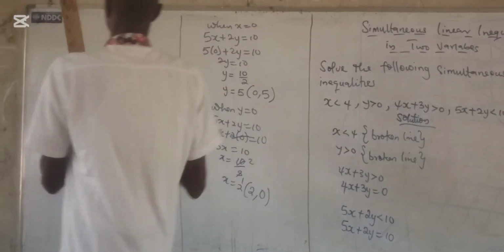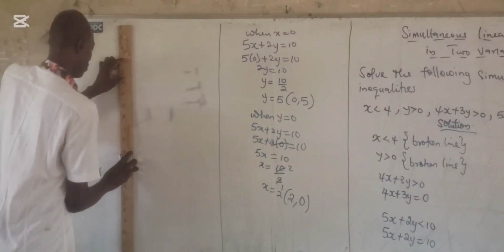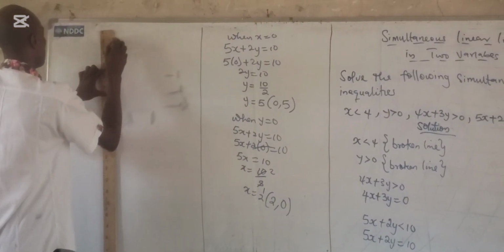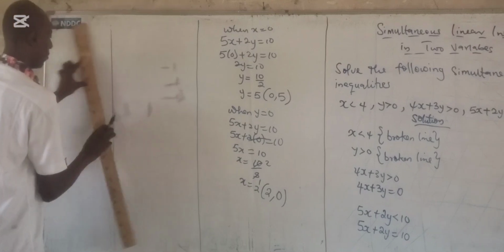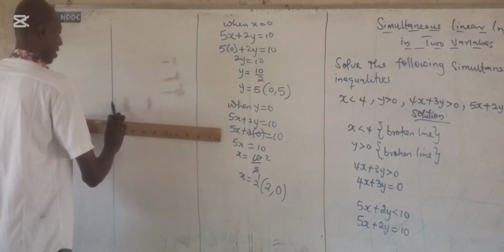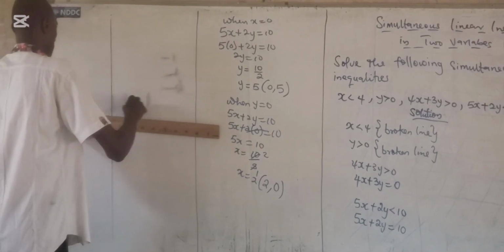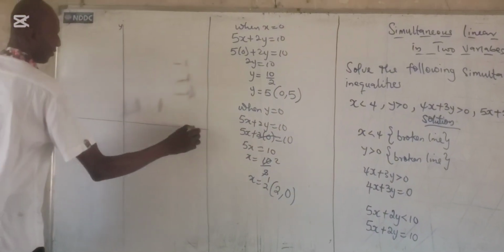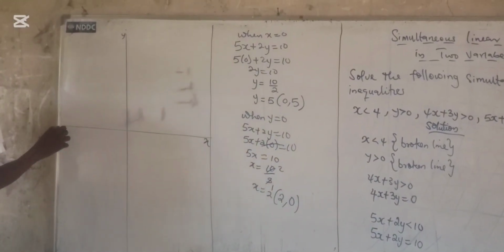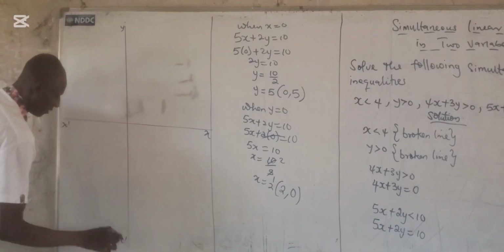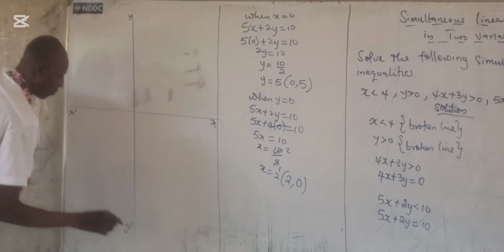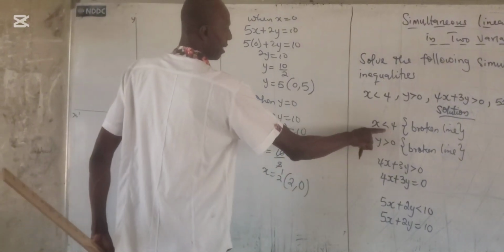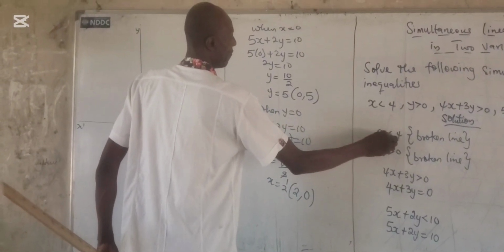So we will now take a linear graph, a straight line graph, which is a vertical line, and we now take the horizontal line. Now, this is the y-axis, this is the x-axis, this is the negative x, this is the negative y. The first thing we're going to take here is x is less than 4.